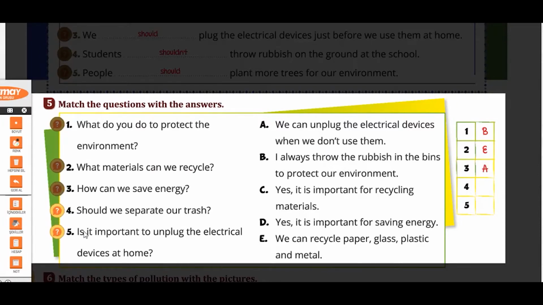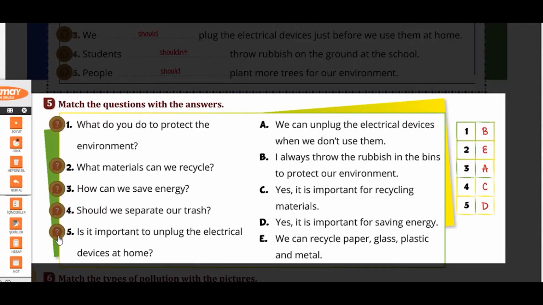It's A. Should we separate our trash? Yes, of course. Yes, it is important for recycling materials. We should separate our trash. And the last one, is it important to unplug the electrical devices at home?